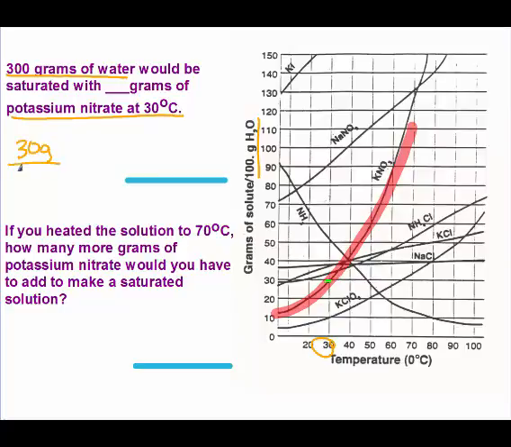So 30 grams will dissolve in 100 grams of water. We want to know how much will dissolve in 300 grams of water. So you're setting up a proportion. You should show that work on your paper. Therefore, I should have 3 times as much be able to dissolve, or 90 grams.